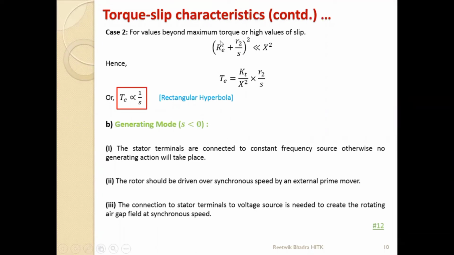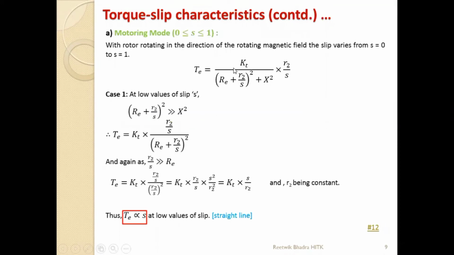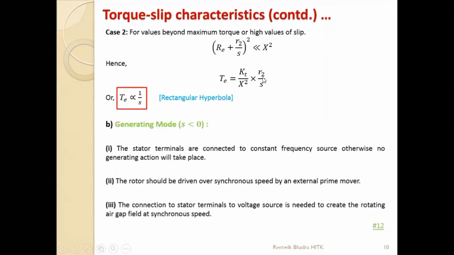This square also remains very small, and since Xm is included, obviously this value will be greater. So this R1 plus R2 by S can be neglected. If you remove it, what equation will you get? K T by X square into R2 by S.